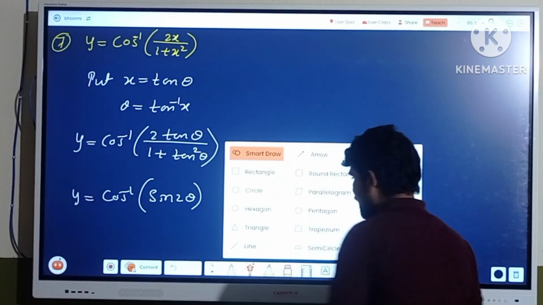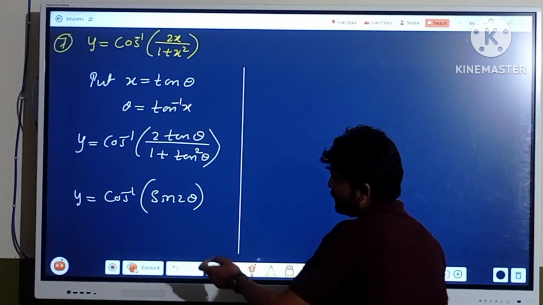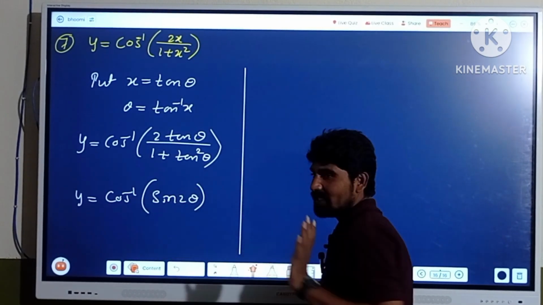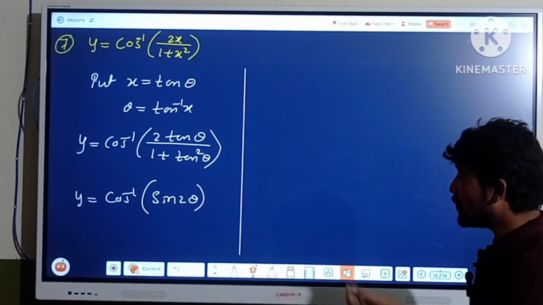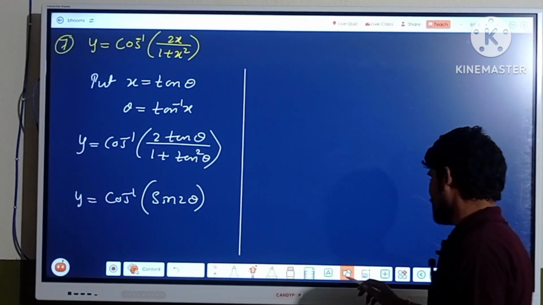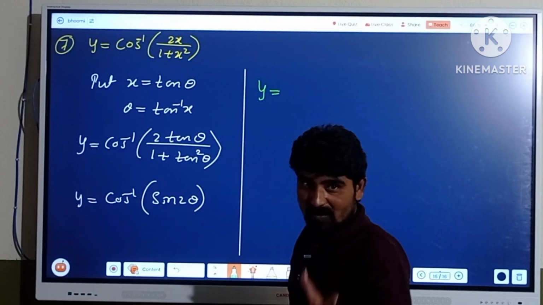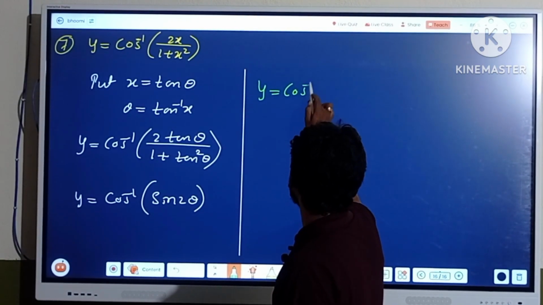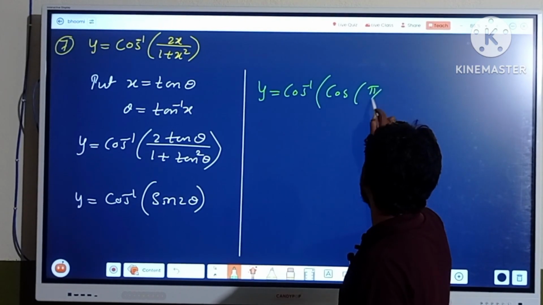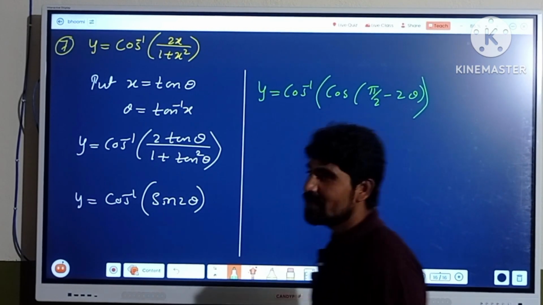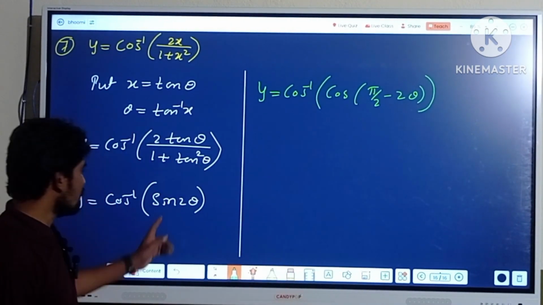Again observe here, we got cos inverse of sin of something. So we need to convert this to sin inverse of sin of something or cos inverse of cos of something. We already know two methods to convert this into the standard property format. So I am going to convert by using the allied angle formula: sin 2 theta can be written as cos of pi by 2 minus 2 theta, because we know that cos 90 minus theta equals sin theta.